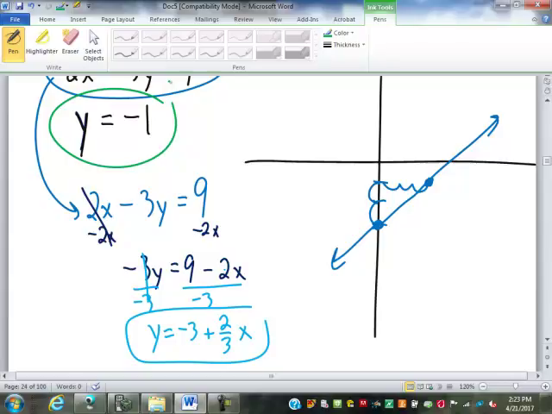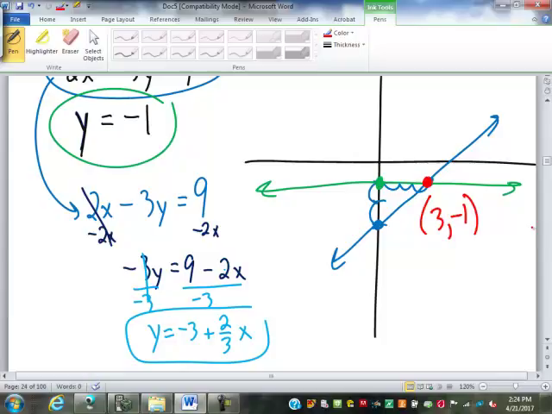Careful. Horizontal. It's going to be a flat line. And it's going to go through -1. So that's right here on the y-axis, it's -1. It's going to look like that. So the solution to this system is where they cross. That's at the point 3, -1.